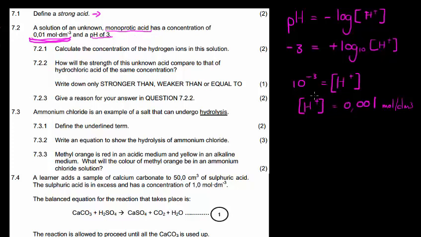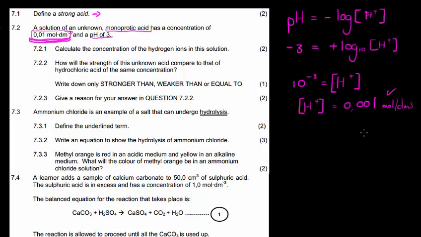Is the concentration of the hydrogen ions more or less than the concentration of the acid? It's less. It's less. Does that mean it dissociated completely or not? It means it dissociated. But did it dissociate not completely? Because if it dissociated completely, then this would have been the answer here.